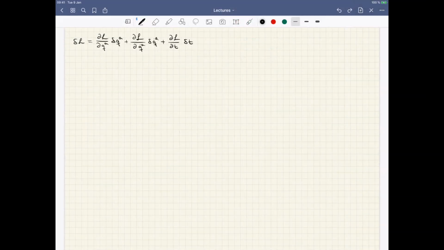So to clarify something that was not done properly during the lectures, let's take this expression that we had for delta L. And what I want to focus on now is this partial derivative of L with respect to time.